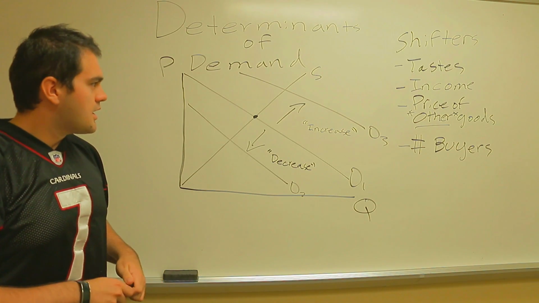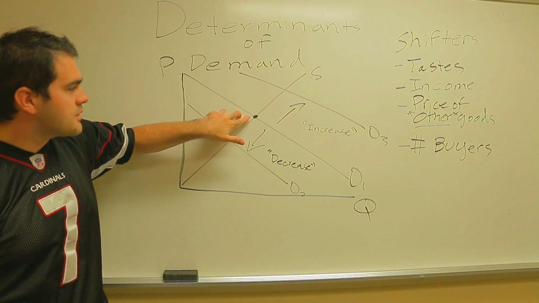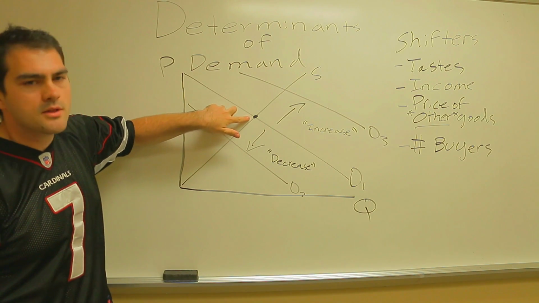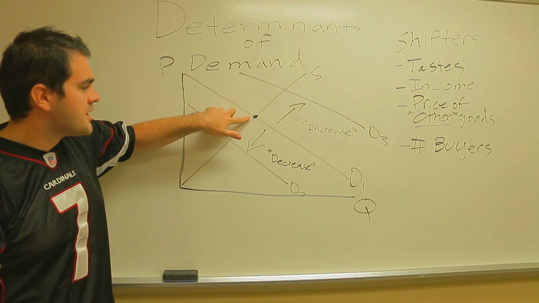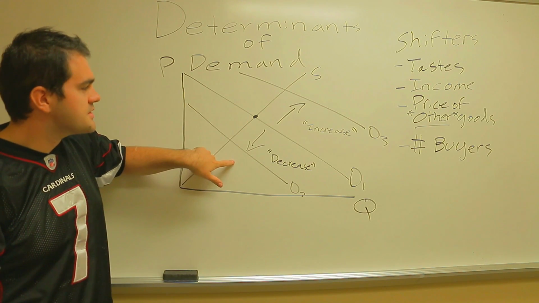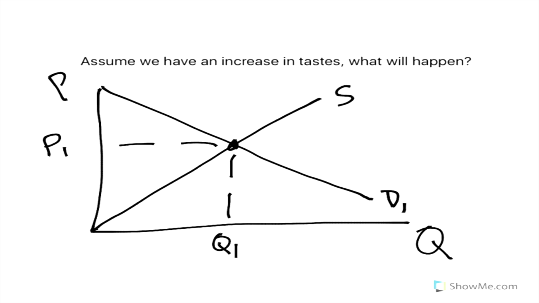With that being said, we know that this dot right here is equilibrium. When we go off the graphs, this is our starting location, which you've learned in the other lessons. From there, we're just going to tell you how we get to a decrease or how we get to an increase. Assume we have an increase in taste. What will happen? Well, our demand will shift to the right if it's an increase. This will be our new demand at D2.